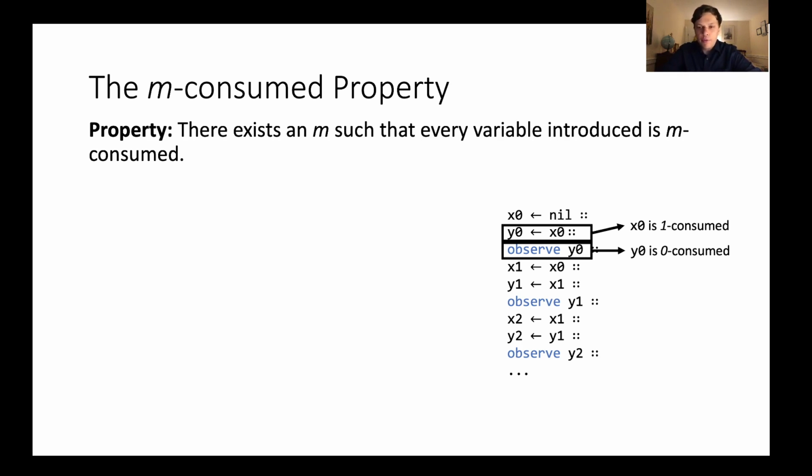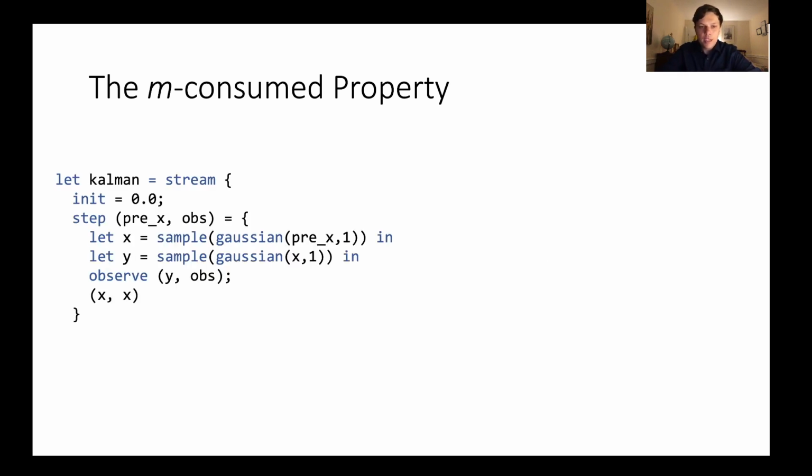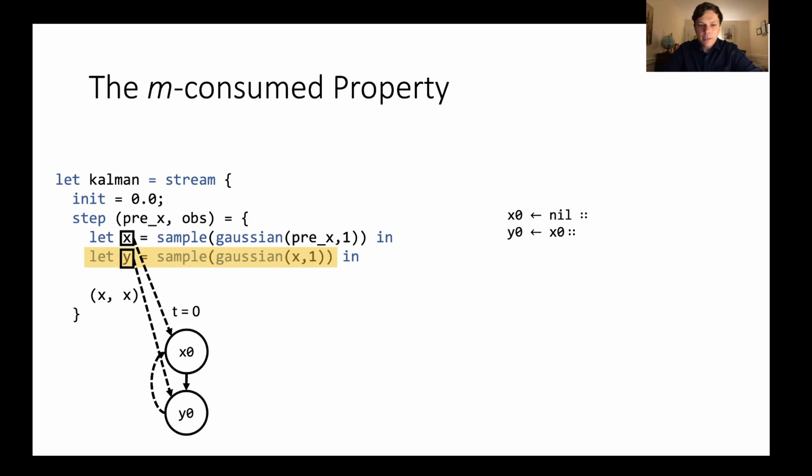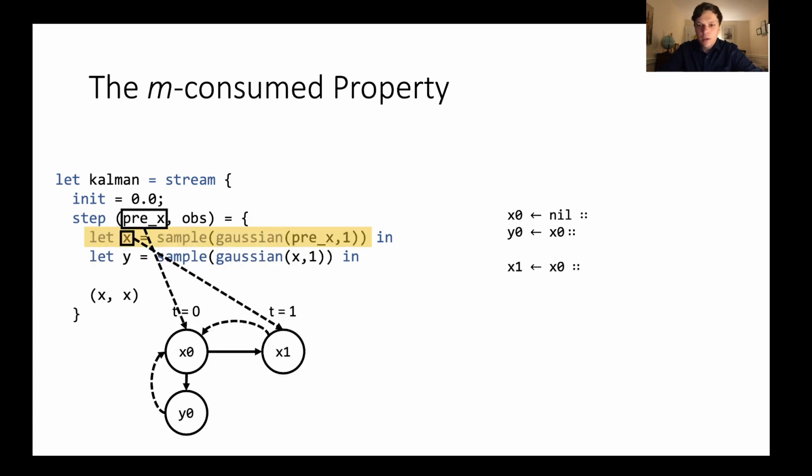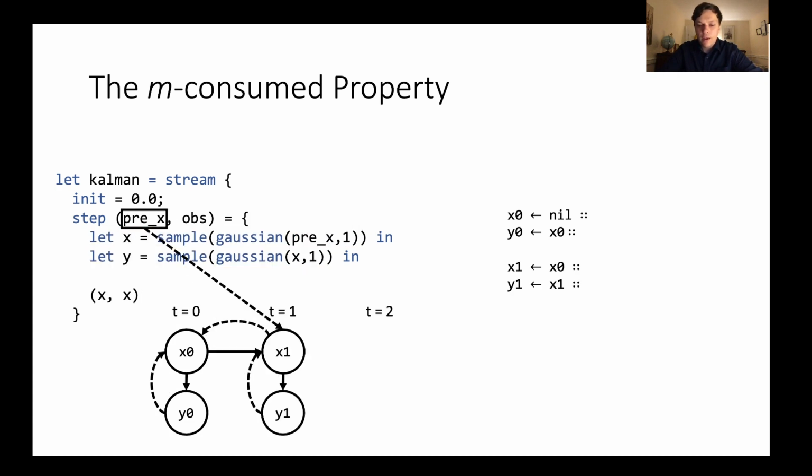All right, so what could happen if we fail the mconsume property? Say we took this column filter, which as we saw satisfies the property, and removed this observe statement. Let's look at what happens now to both the trace and the delayed sampling graph. As we execute this program, there are two things to note. One is that all the observations have been removed from the trace.